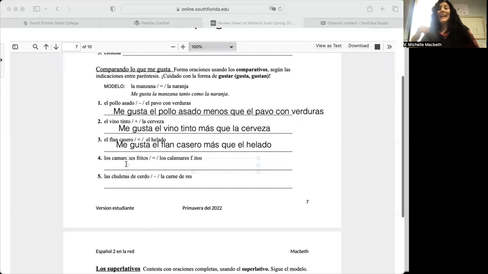And the action is the act of liking, right? The act of liking something more than something else, right? Here there's an equal sign, so we're saying we like two things the same. Me gustan los camarones. It's gustan because camarones is plural, right? Tanto como los calamares.